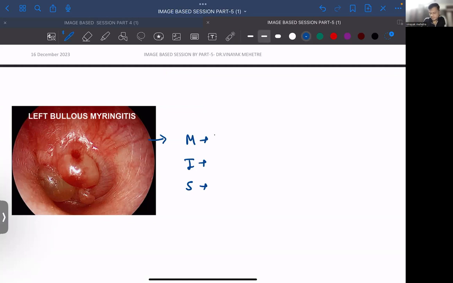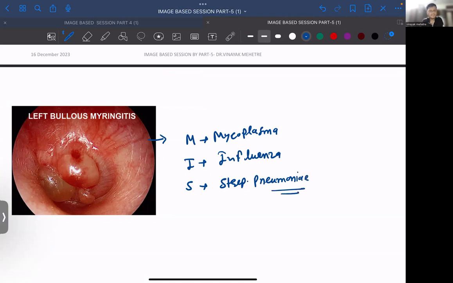First one is mycoplasma. Second, influenza. And third one is strep pneumoniae. These are the causes.